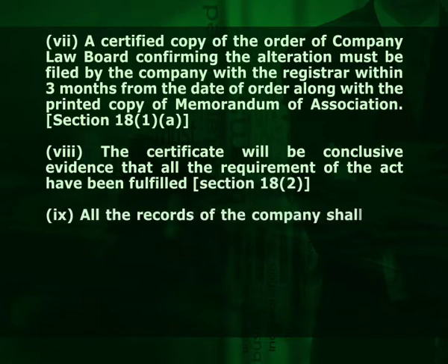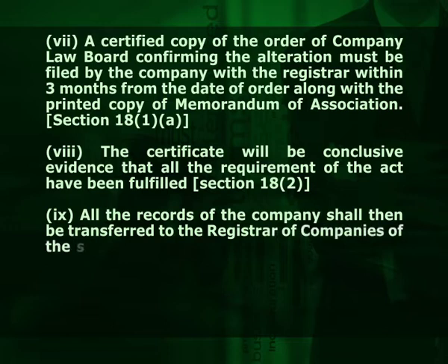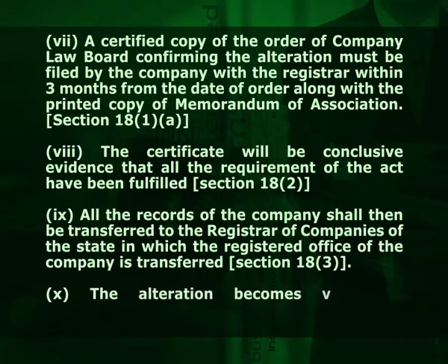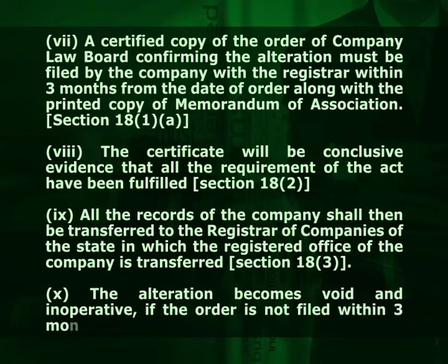All the records of the company shall then be transferred to the Registrar of Companies of the state in which the registered office of the company is transferred under section 18 subclause 3. The alteration becomes void and inoperative if the order is not filed within 3 months under section 19.